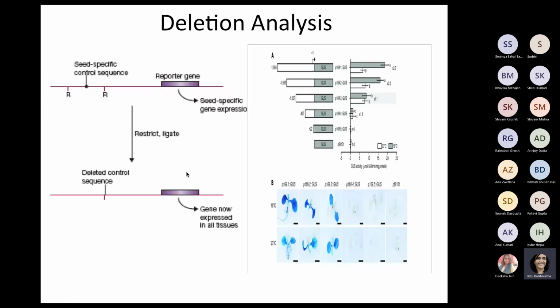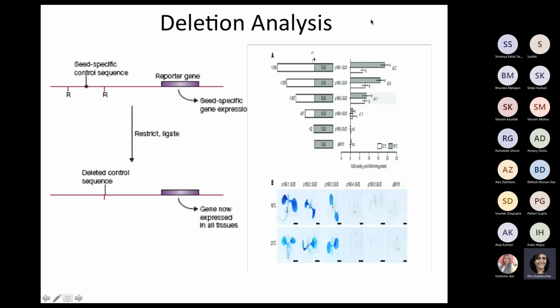Let's say in the previous case that I had told, you cloned the whole 1 or 2 kb promoter, but within that 2 kb promoter, you saw that in response to heat shock there was very high activity, but now you want to sort it down to which specific regions within the promoter are responsible for heat inducibility. You want to shorten the region. So how do you do it?